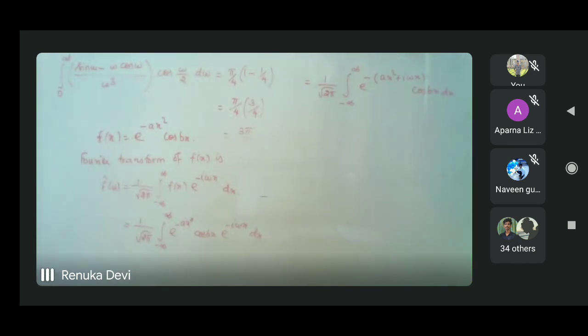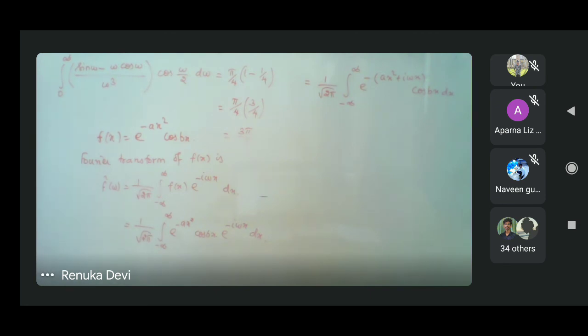I have taken the minus sign outside, that's all. This is a tricky problem, I think. So you make it into a perfect square.